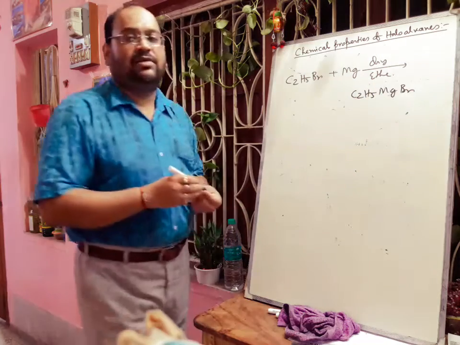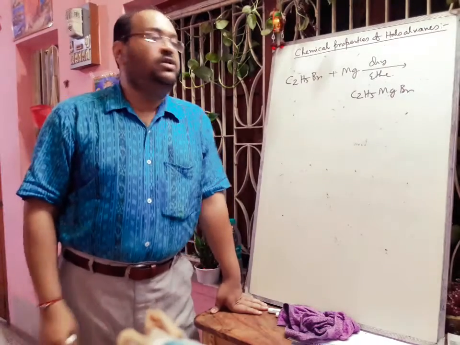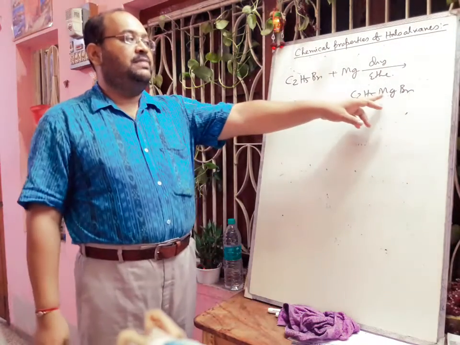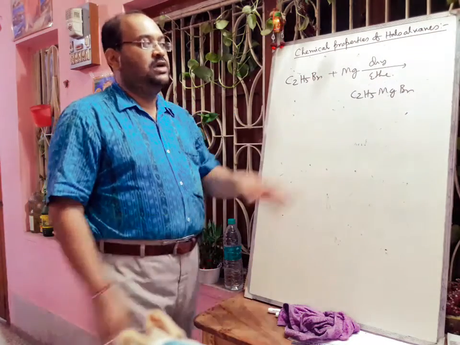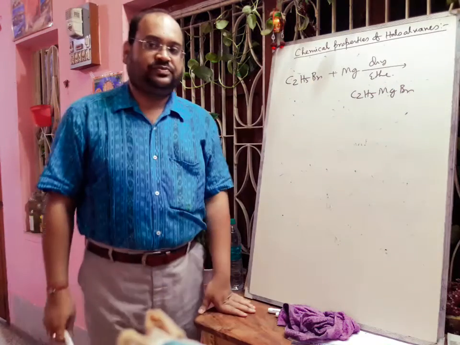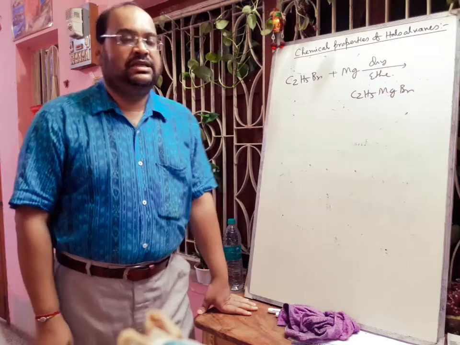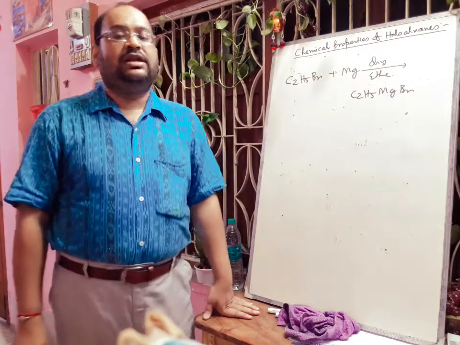So here the metal atom is attached with the carbon atom, and we know that the metal valency here, magnesium, is +2, bromine will be -1 and here also carbon -1. So this type of reagent is called Grignard reagent and the reaction is called Grignard reaction.